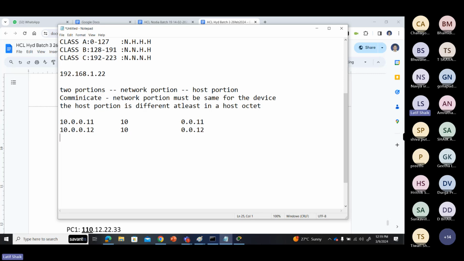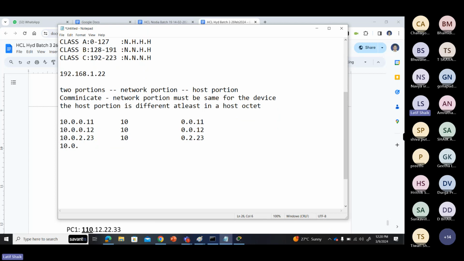In case I have another computer with 10.0.2.23, the host portion is 0.2.23. Either one part of the host, two parts, or all parts of the host can be different. No problem in it.